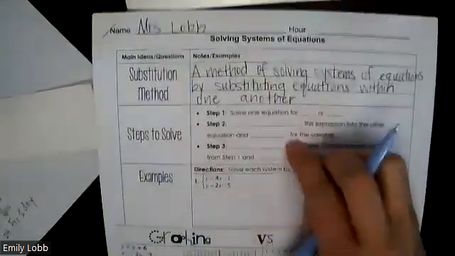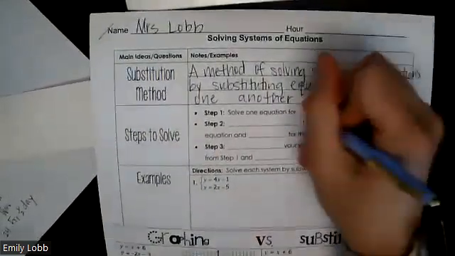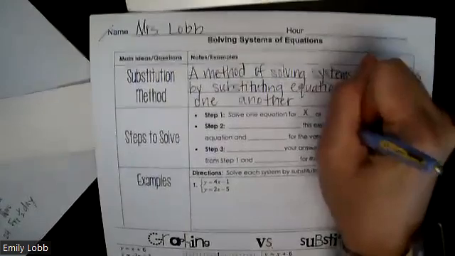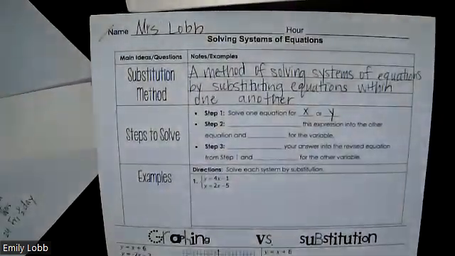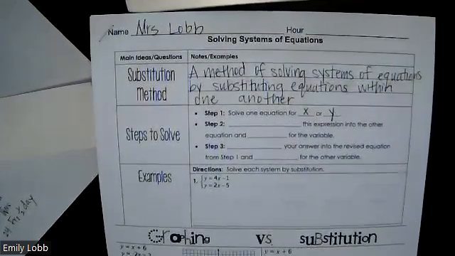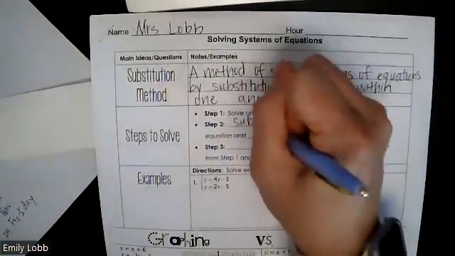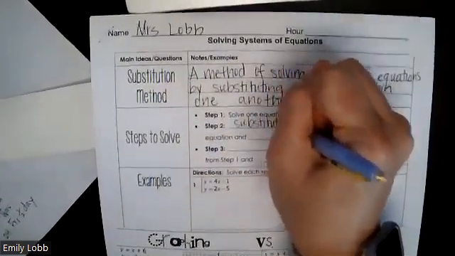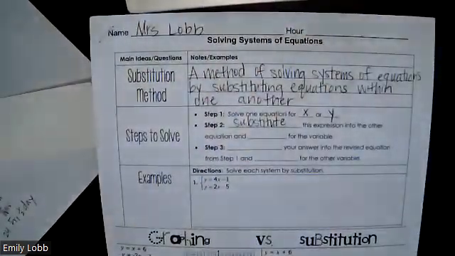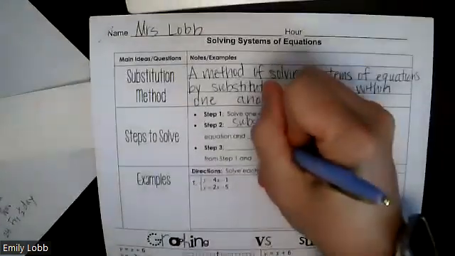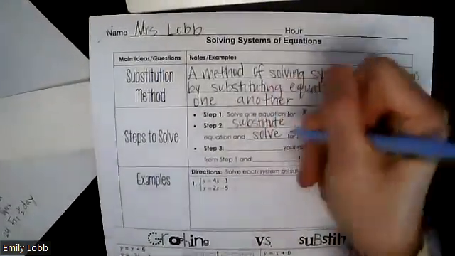All right, so step one, remember we have to solve for X or Y. And then we're going to substitute this expression into the other equation and solve for the variable.